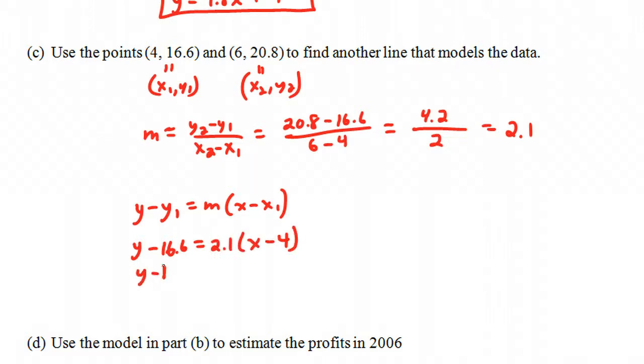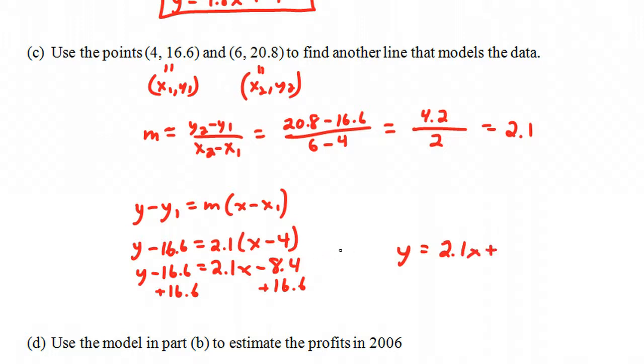So y minus 16.6 is equal to 2.1x minus 8.4. Then add 16.6 to both sides. What we end up with is y equals 2.1x plus 8.2, I believe. That's our line that fits those two data points.